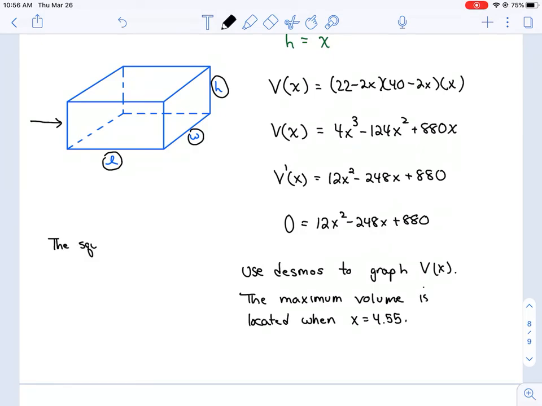So the squares to be cut out should have a side length of 4.55 centimeters to maximize the volume.